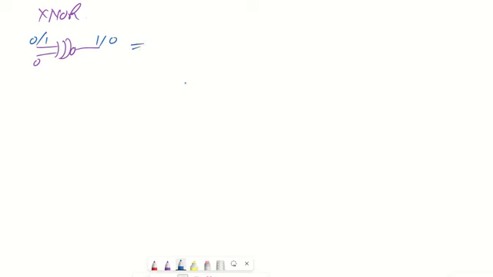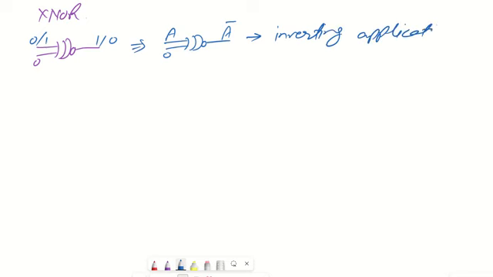So if one input is 0 and the other input is A, then 0 becomes 1, 1 becomes 0. So it is nothing but your A bar. Understood? This is your inverting application. So if the other input is 0, the other input can act as an inverter.